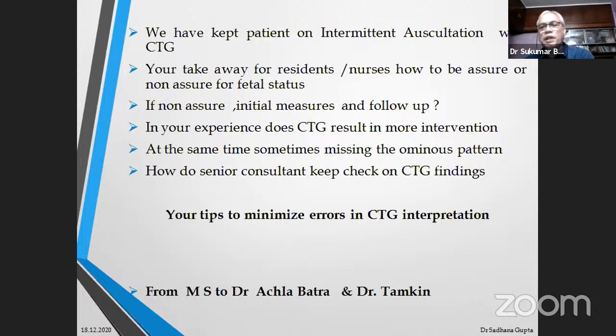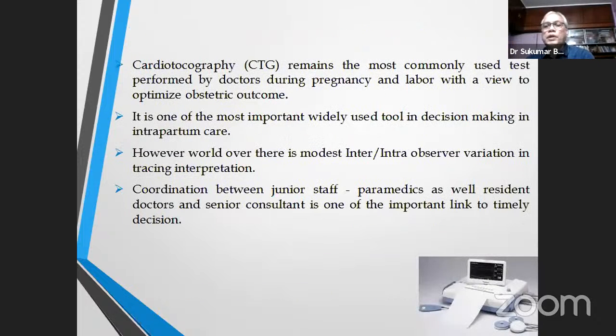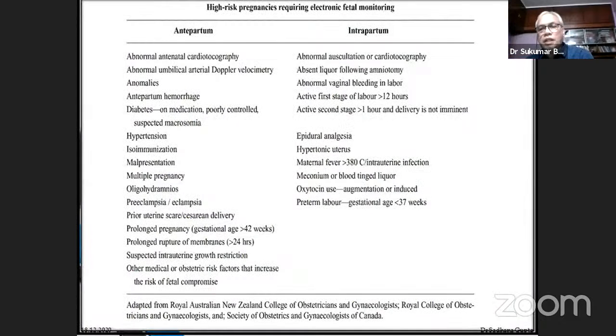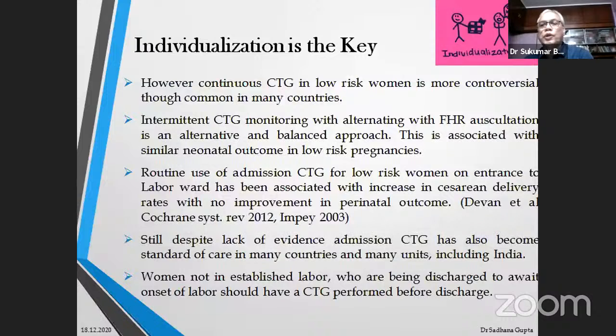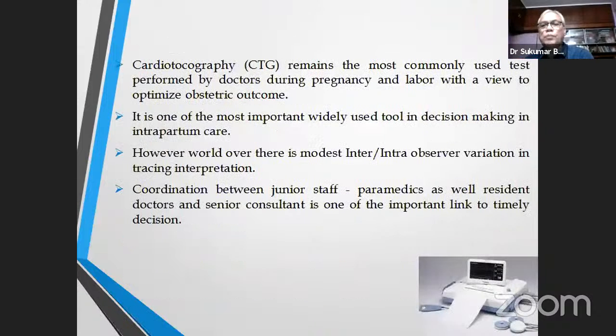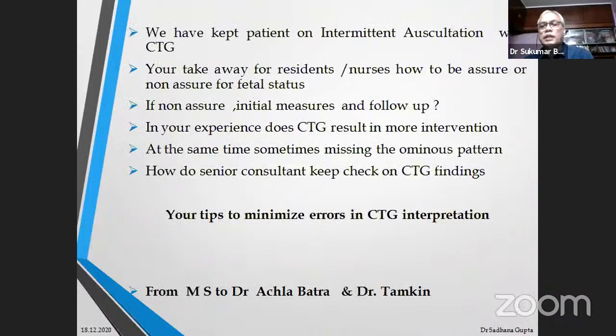There are many other conditions like that: meconium staining, augmented labor, sudden bleeding during pregnancy, temperature, maternal tachycardia. There is a list of when you convert to continuous CTG in the NICE guideline, which you are already focusing on. So it is very clear. You are absolutely right, we have to do that.